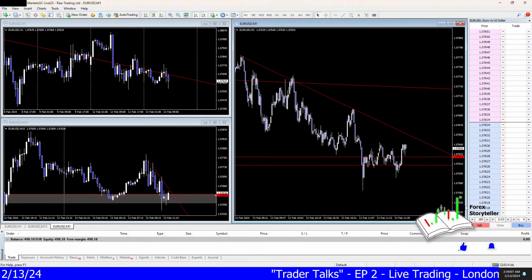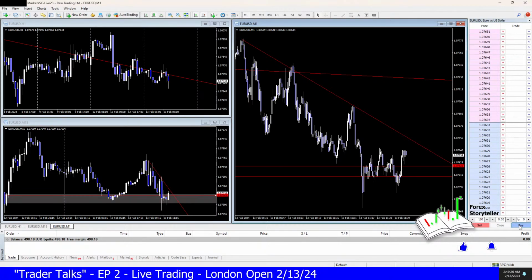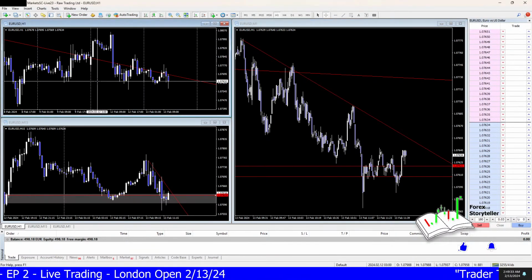Starting to show us a pretty strong 15-minute candle. More than likely, probably right to begin with, this being the strong support point.